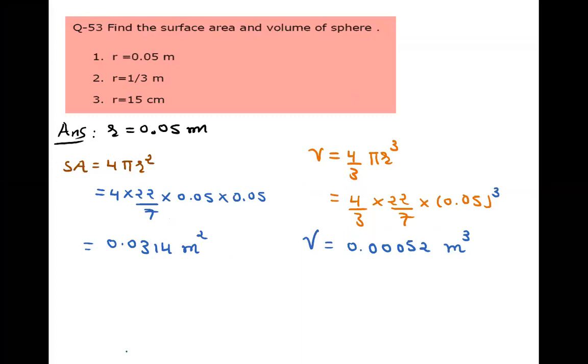Please remember it. These are the examples. Remember these two formulas to find it.